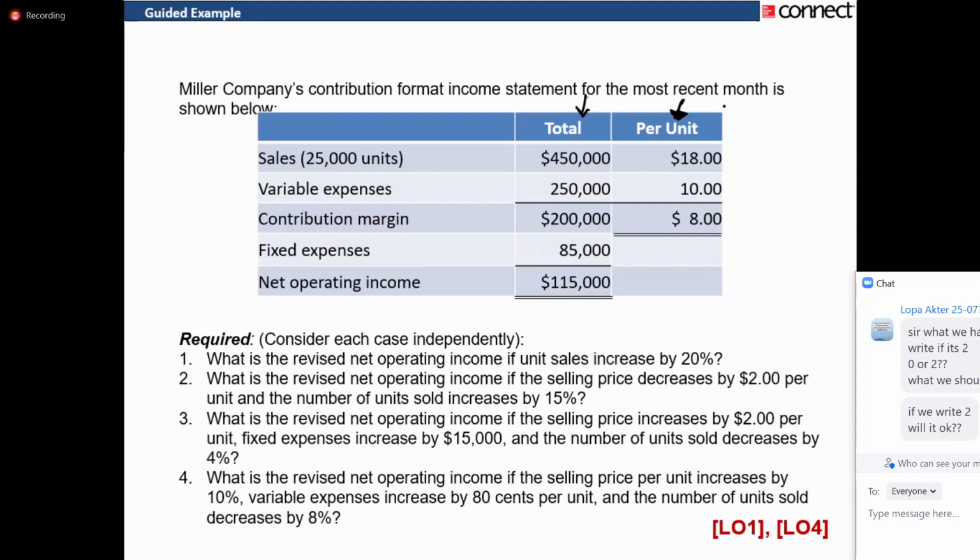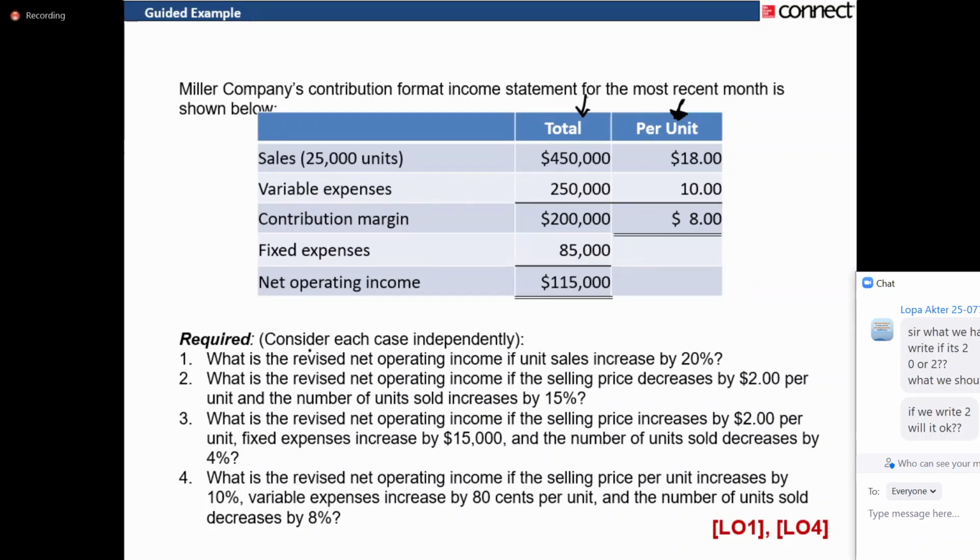But again, when you use the contribution format income statement for a solution, please insert a separate column on the right to express the numbers on a per unit basis, showing what is happening per unit.